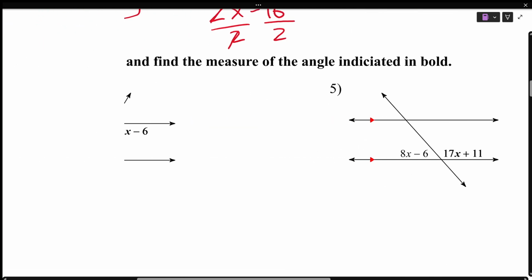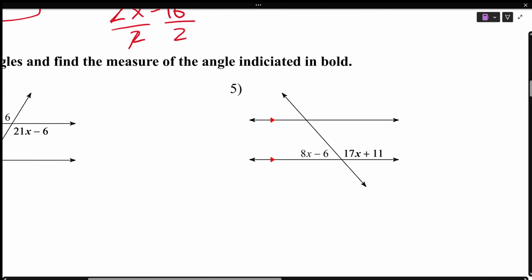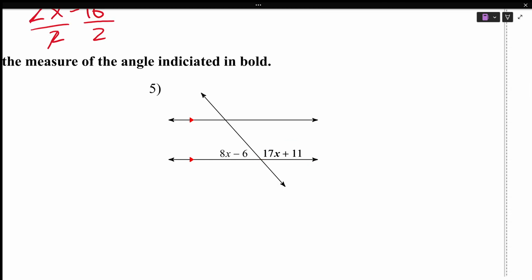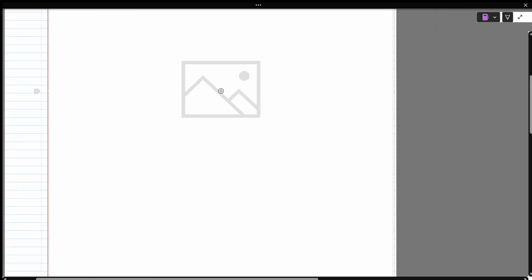Okay, same thing here. Identify the angles, find the measure of the angle indicated in bold. So this one is bolded, right? So we're going to solve for x and then plug it back in. That's all we're going to do. Okay. So these are two angles that are right next to each other, this angle and this angle. When I look back at my sheet, I'm looking at what two angles are right next to each other.